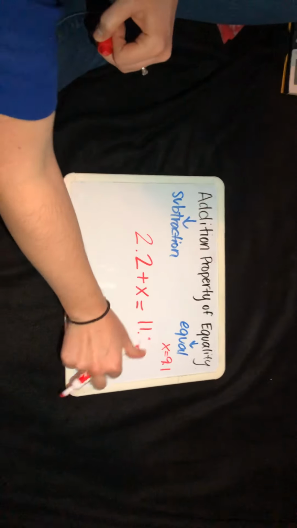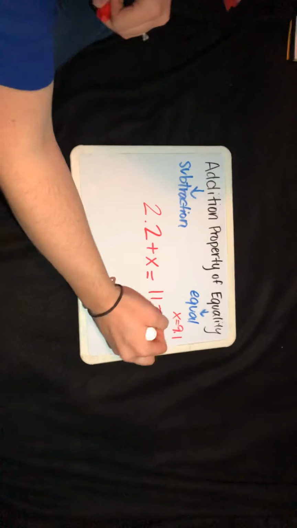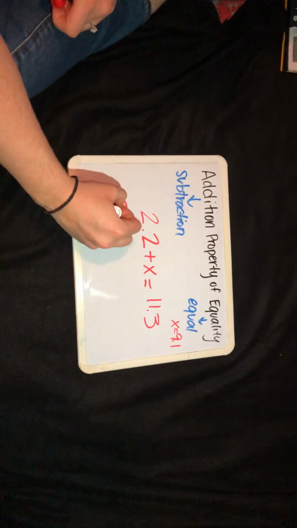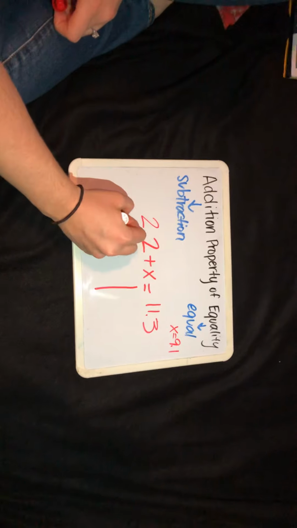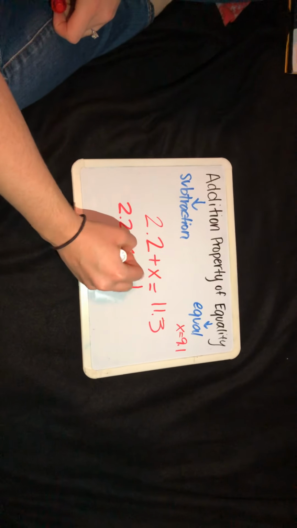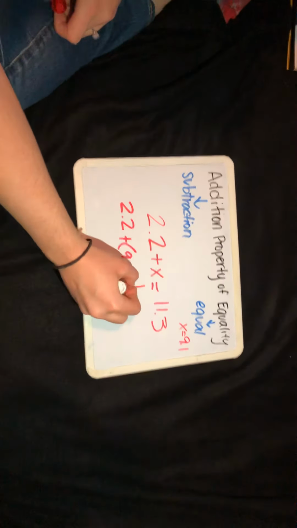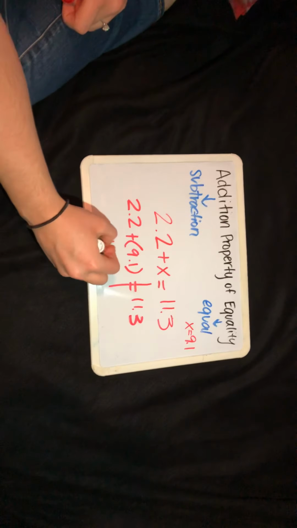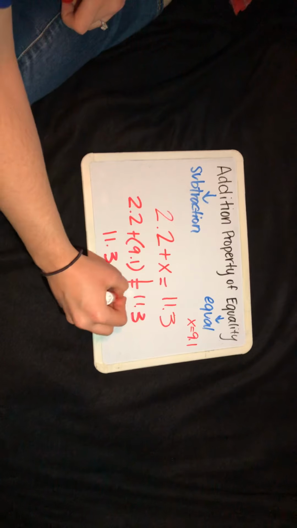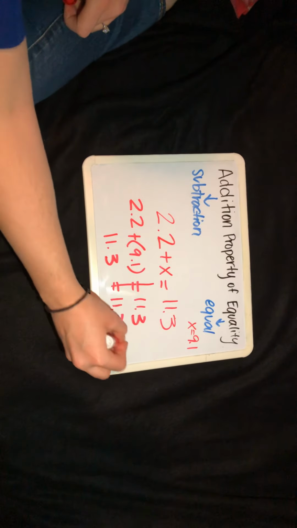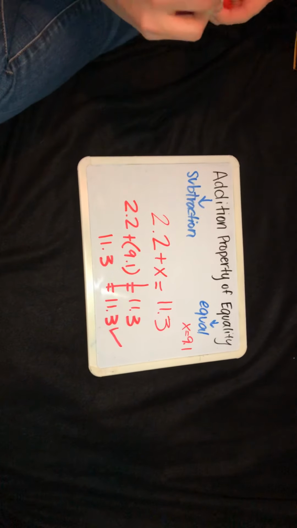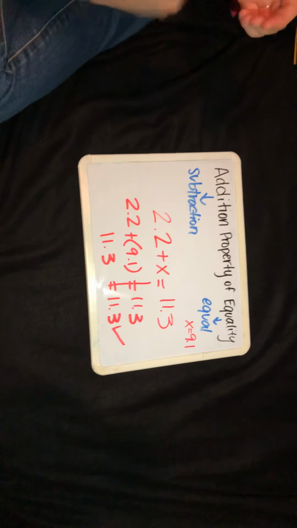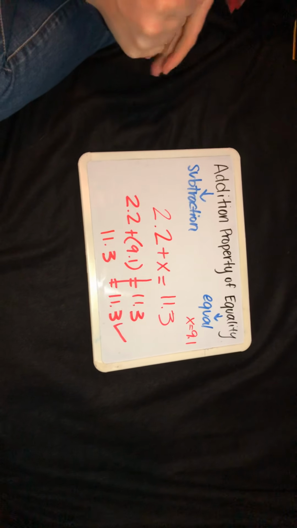Try and write that again. So I draw my line, don't forget that step, 2.2 plus 9.1 equals 11.3. If I add those together, I get 11.3 equals 11.3, and those two equal each other, so I know that I did it correctly.